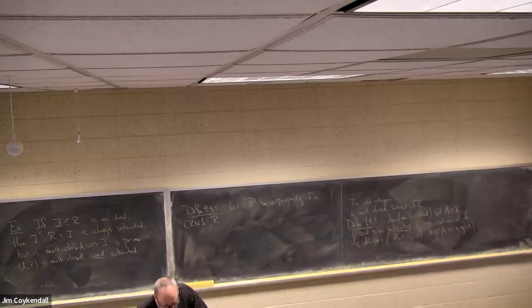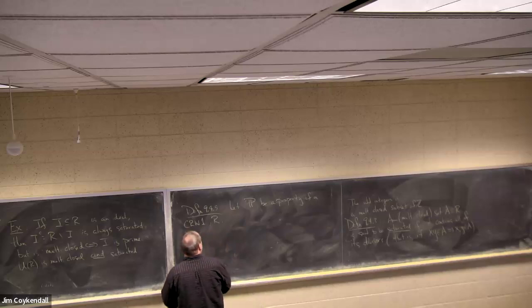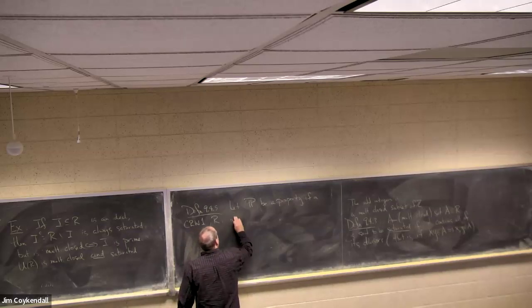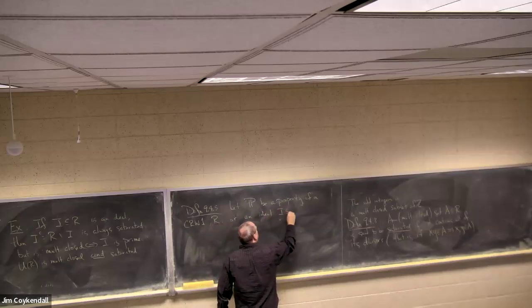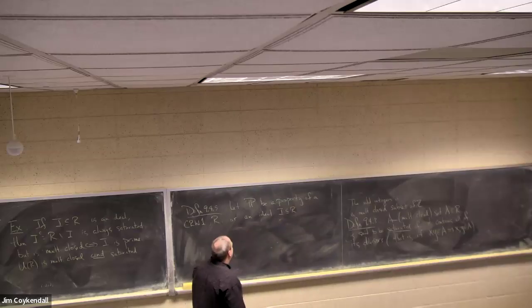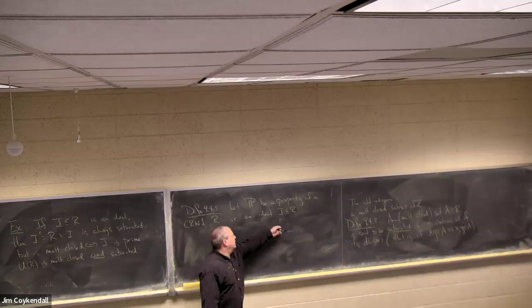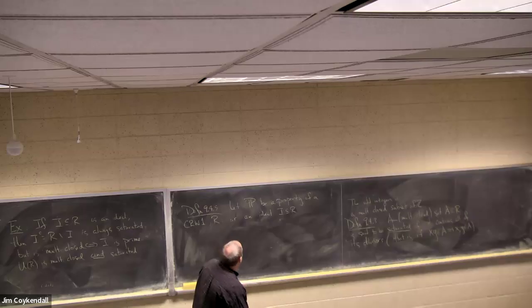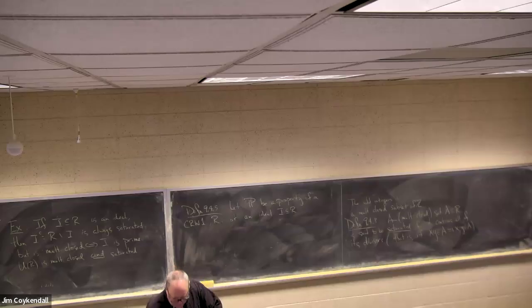So suppose that you have some property, some statement about this. It could be a property of the ring or an ideal. The ring might be finite, or the ideal might be finitely generated, there's a lot of things.